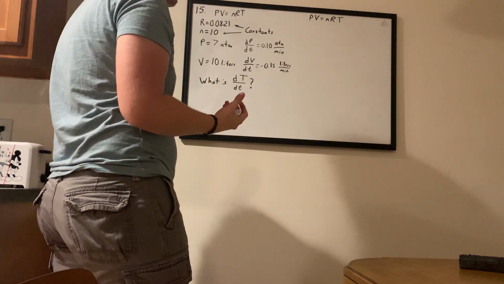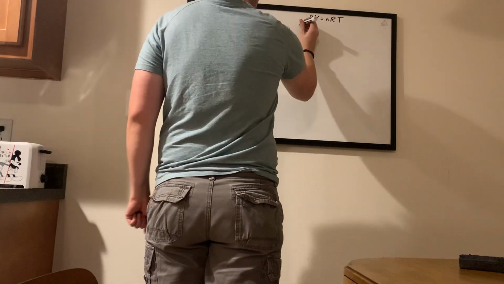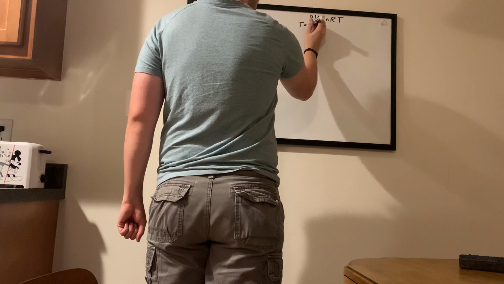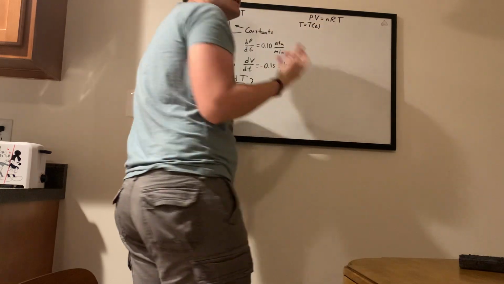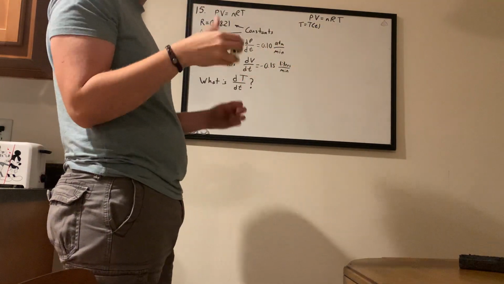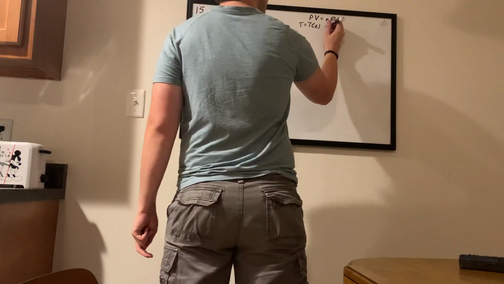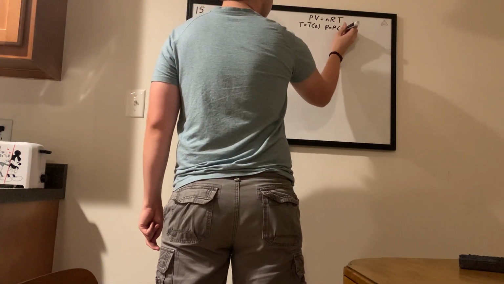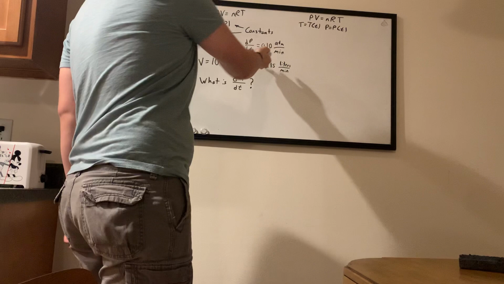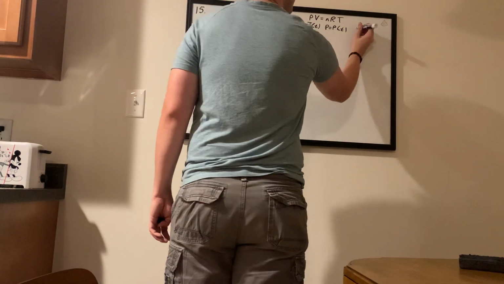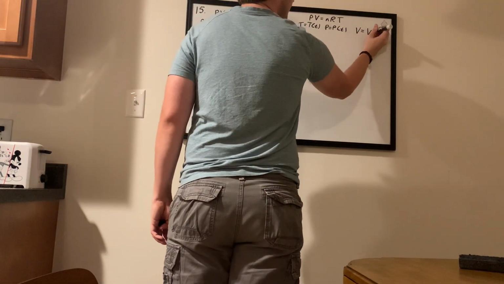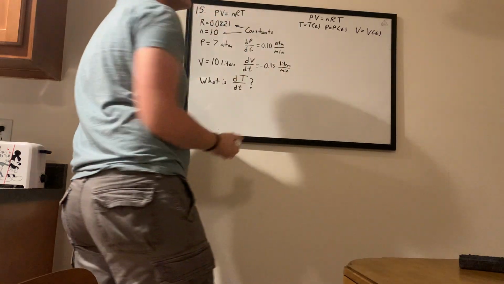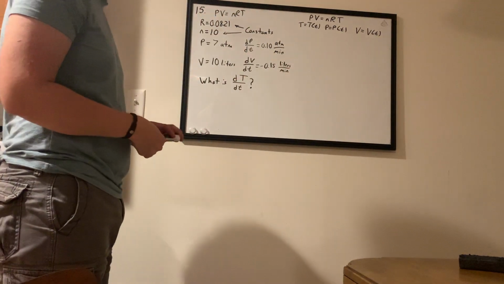Now, keep in mind, of course, T is a function of t, so that means that its derivative is not 0, right? P is also a function of t. That's why we have the rate, so we need to consider that. And V is also a function of t, because it also has some sort of rate of change.